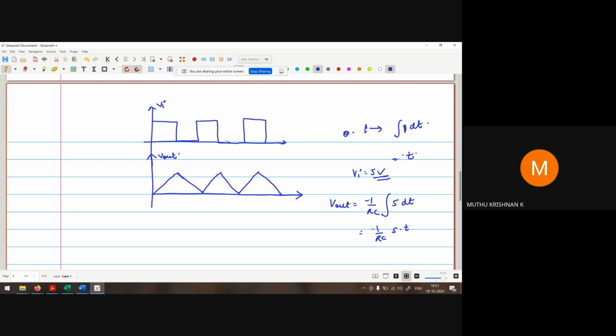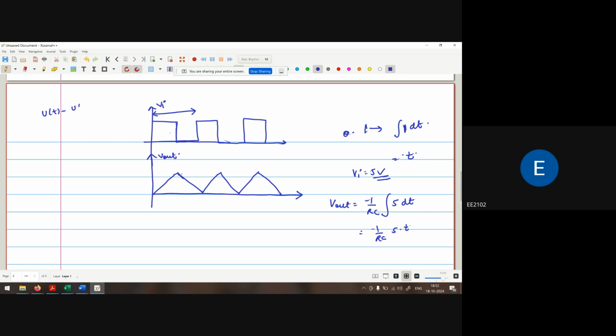Sir, in this integration graph, after rising, shouldn't it stay constant? Yes, sir. Basically, if I draw this particular function, what is the value of this one?